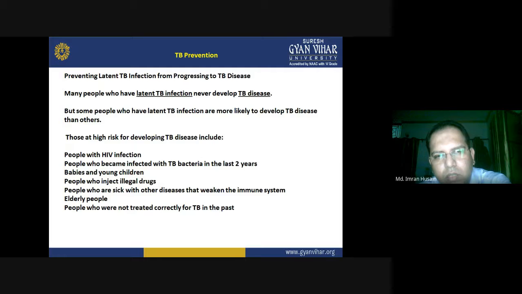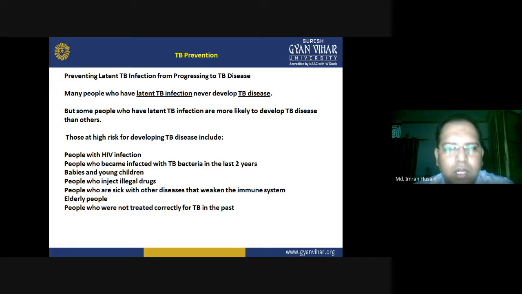TB prevention. Preventing latent TB infection from progressing to TB disease. Many people who have latent TB infection never develop TB disease. But some people with latent TB infection are more likely to develop TB disease than others.